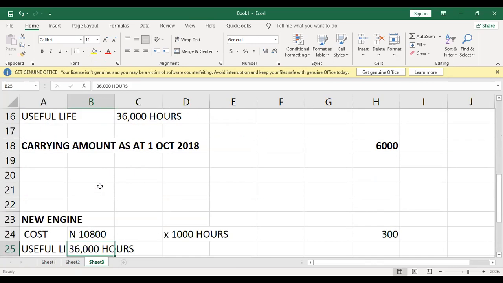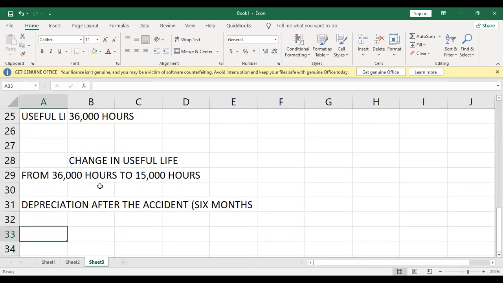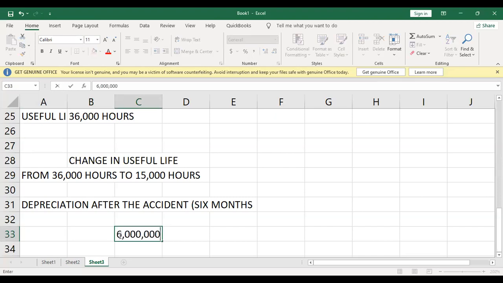So as of now, the value of the asset is 6 million, and that's what we're using to calculate our depreciation after the accident. So we have 6 million divided by 15,000 hours, and we'll multiply by how many hours? 1,200?